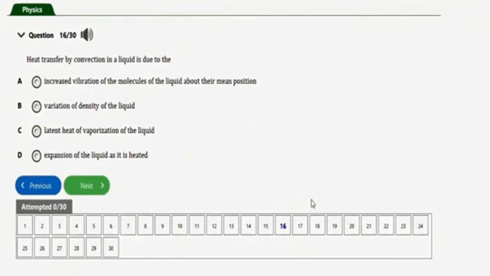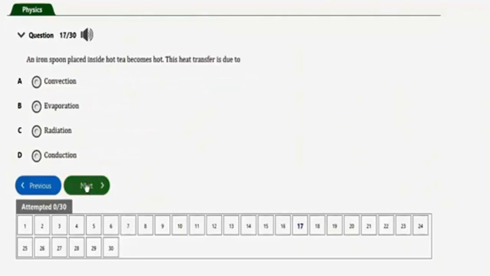Okay, so guys, the correct option to this question is option B, which is variation of density of the liquid. Alright, so heat transfer by convection in a liquid is due to the variation of density of the liquid. So let's go to the next repeated question, which is this one.